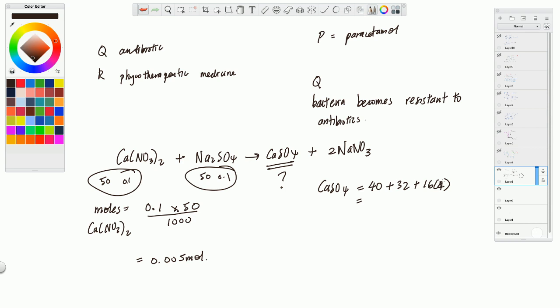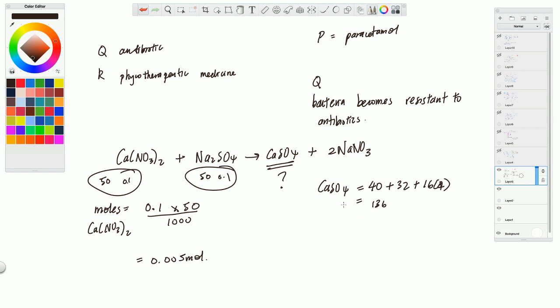So 16 times 4 plus 32 plus 40, so you get 136. Okay, so the relative molecular mass of calcium sulfate is 136.